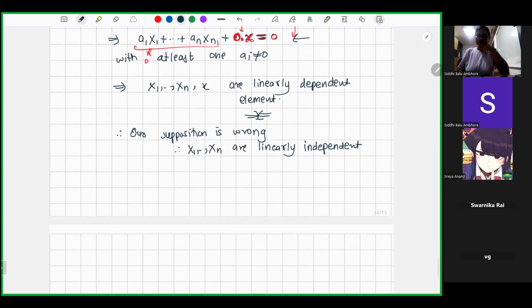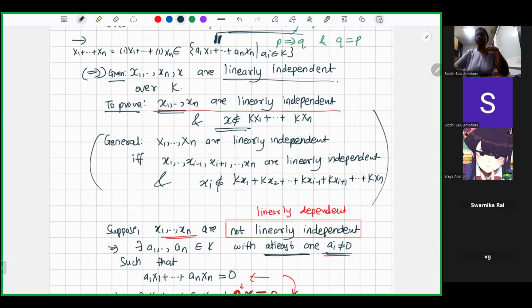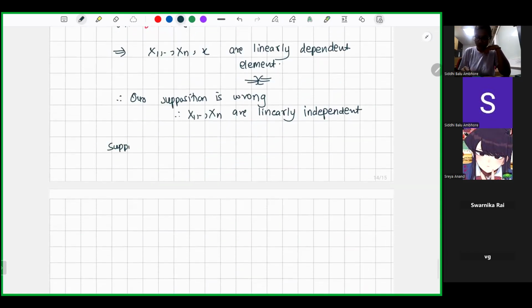So that's happening. And next they are saying that I want this x to not belong to the linear combination. So suppose x belongs to this span of x1 to xn. This is proof by contradiction. We assume the negation of the given statement, and then we arrive at a contradiction, because we assumed something that's not true.